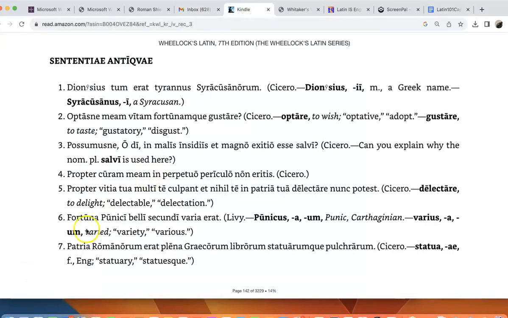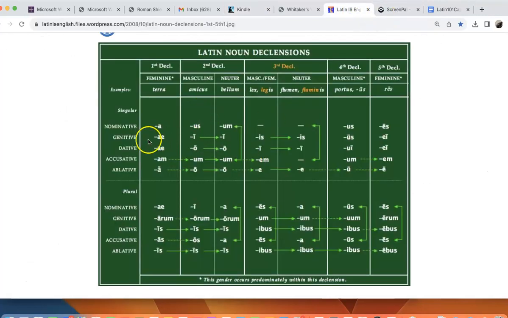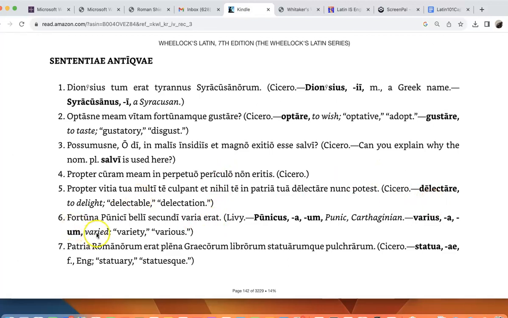So we go back here, is the fortune of the Second Punic War. So we need to recognize this is second declension genitive singular. So we said genitive means of. So of the Second Punic War. And then erat means was, but then varia, well, they give us right here, it says varied.